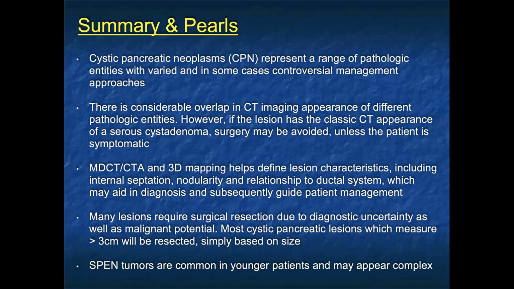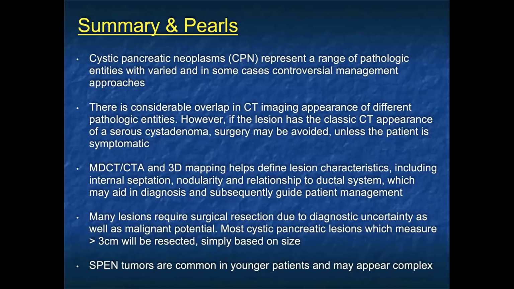And again, by understanding the age of the patient, teenagers, SPEN, 40-year-old female, MCN, over 50, serous cystadenoma. By understanding all of those features, I think you're going to be better able to reach the right diagnosis in the majority of cases and really help guide patient management. So with that, let me stop there.